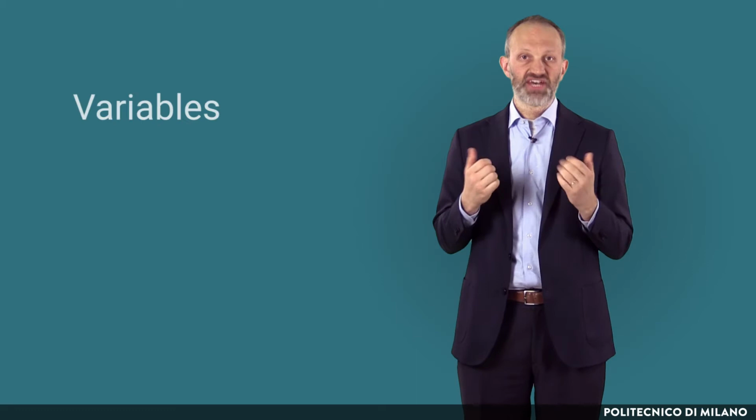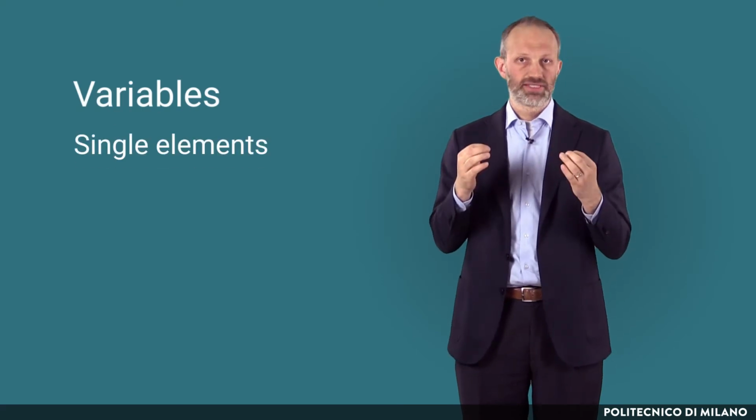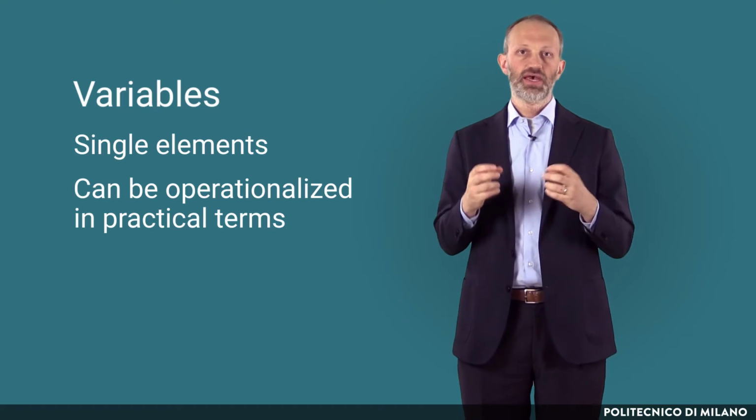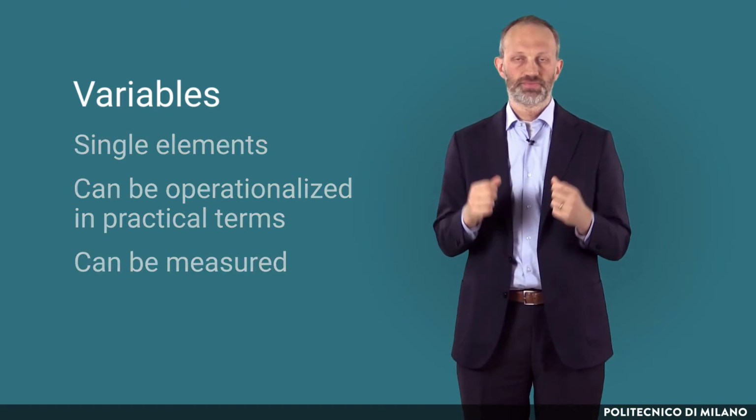The operationalization of the research model requires also to translate constructs into variables. By variables, we mean single elements that can be operationalized in practical terms and therefore can be measured.